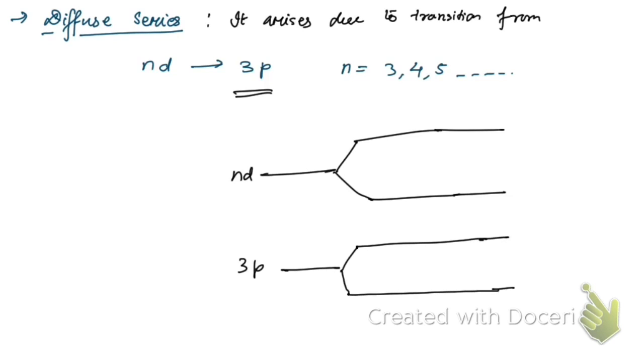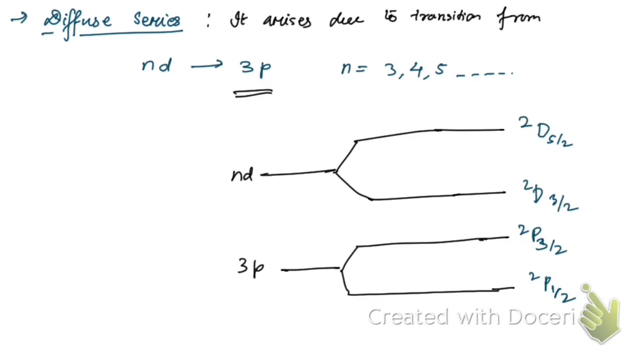Here we have 2D 5/2 and 2D 3/2, and here we know 2P 3/2 and 2P 1/2, which we have already discussed in the sharp series.